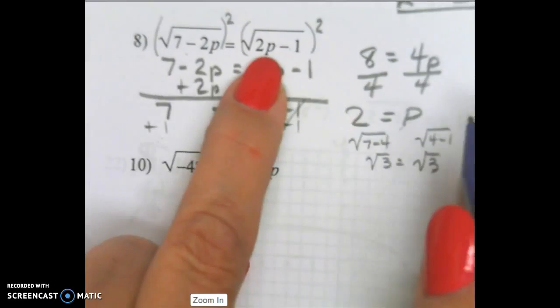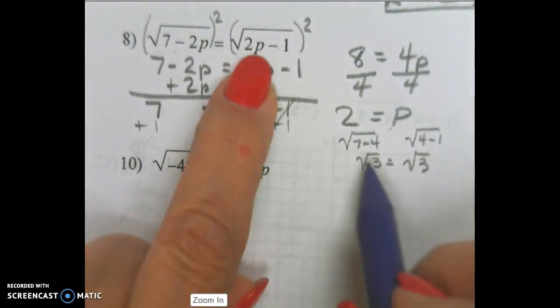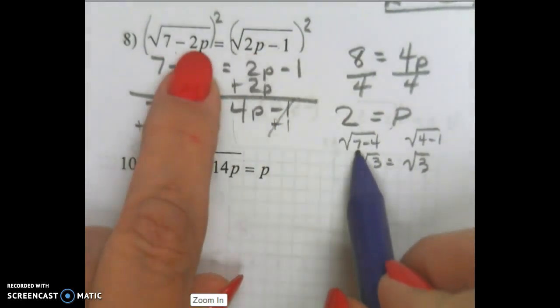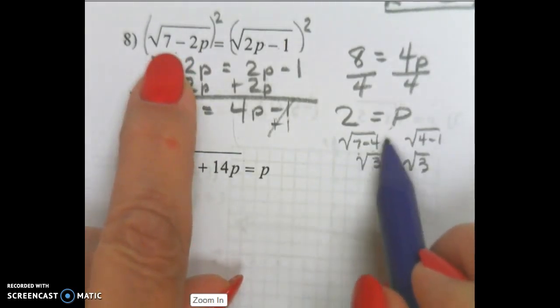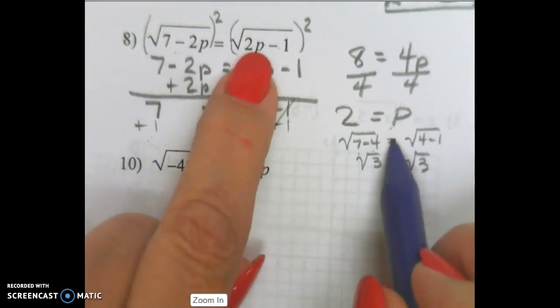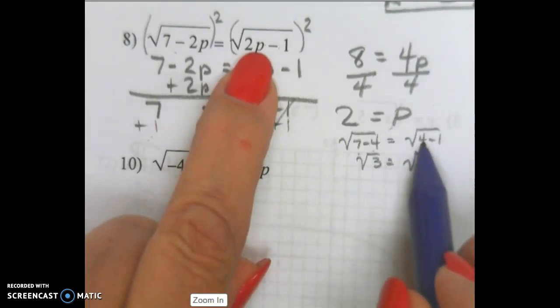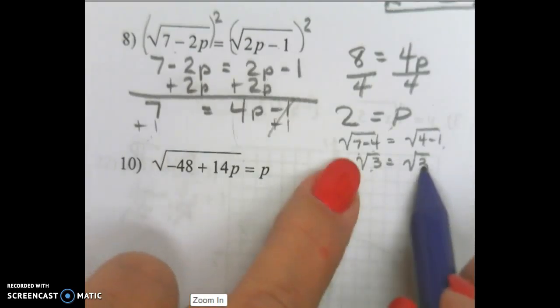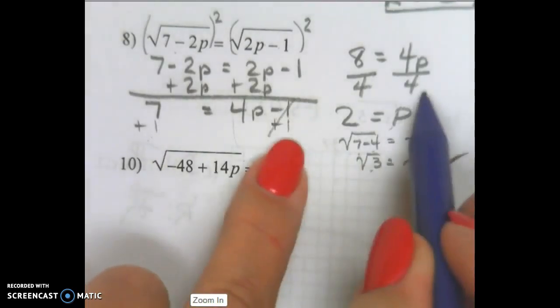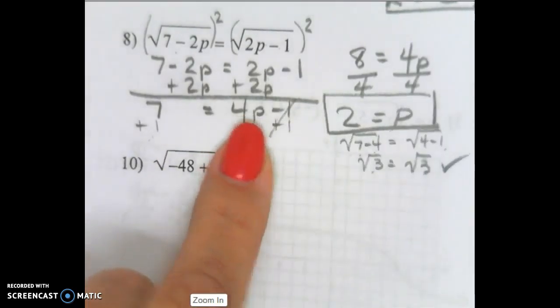Oops, sorry, you can't see what I just wrote. I apologize. I plug in the 2. 2 times 2 is 4, so I have 7 minus 4. Then I plug in the 2 here. 2 times 2 is 4, minus the 1. So I get square root of 3 is equal to square root of 3. That checks. That is indeed my answer.